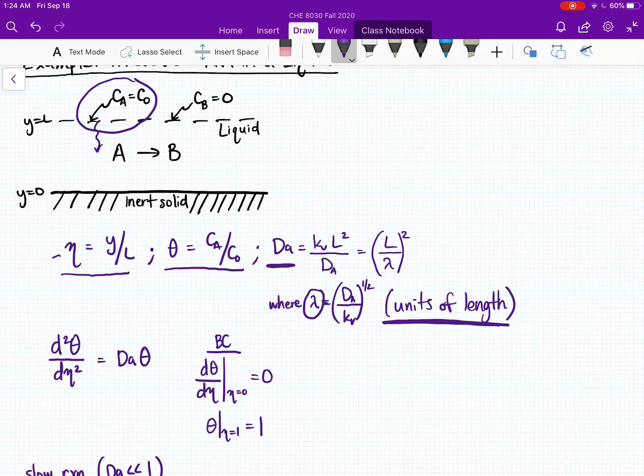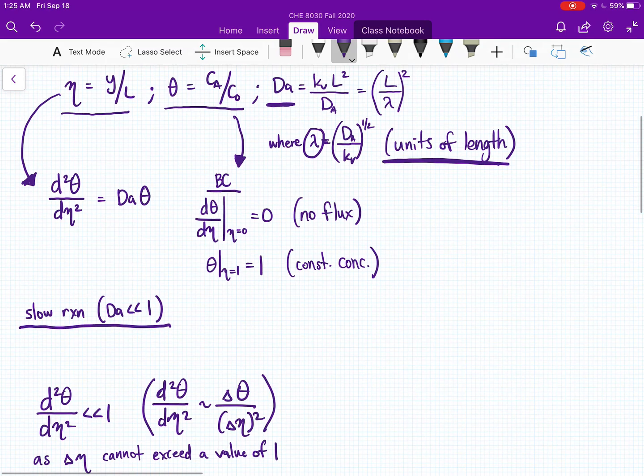From those dimensionless variables, we were able to recast our governing equation as well as recast our boundary conditions for the problem, where again our boundary conditions were no flux at that inert solid and then a constant concentration at y equals L, or in this case when eta equals 1.